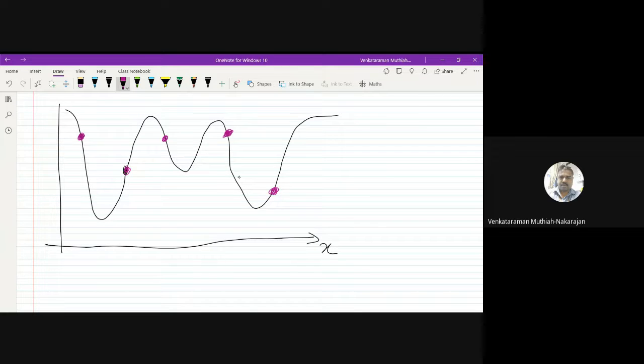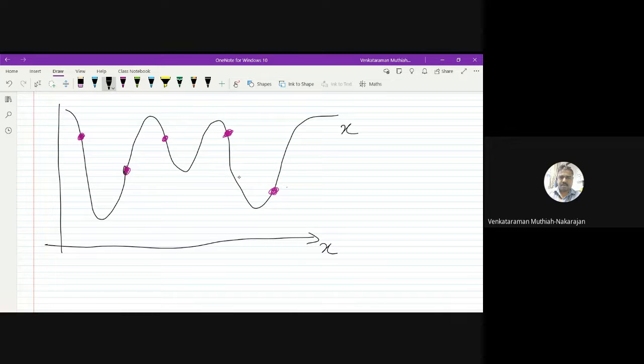Okay. In swarm intelligence or particle swarm optimization, all of these points are called members of the swarm. We call them X. Each of these points is called X. That is the particle.